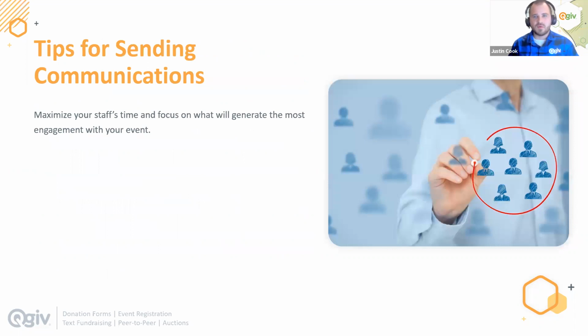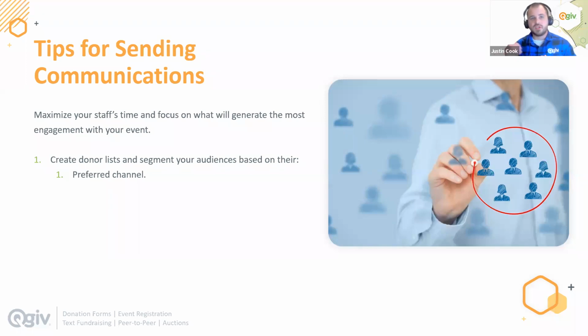So here are some tips for sending your communications. You want to maximize your staff's time and focus on what will generate the most engagement with your event. First and foremost, create donor lists and segment your audience based on their preferred channel. QGive dove into all things event communication with our generational giving study.